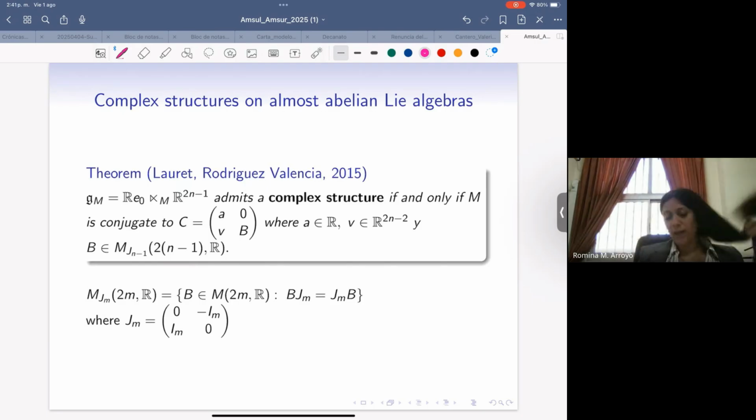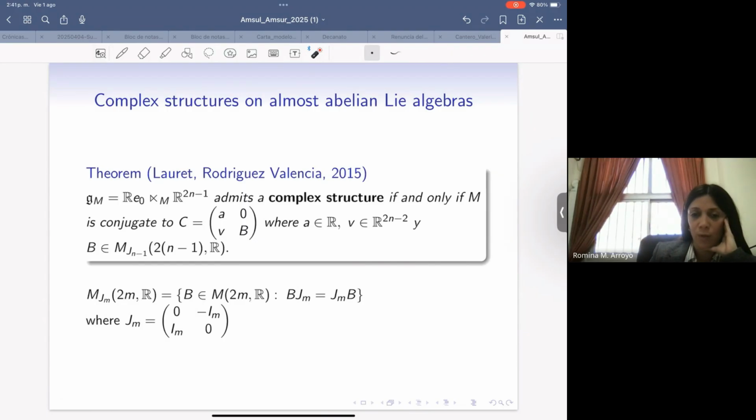So why is this important? Because here we have this result of Jorge Lauret and Edwin Rodriguez Valencia, speaking about when an almost abelian Lie algebra admits a complex structure. And this is if and only if M is conjugate to a matrix like this, where this capital B belongs to this set, where this J_M is this one.